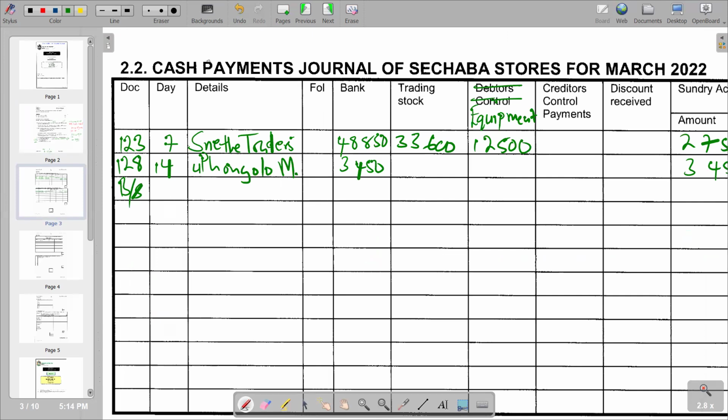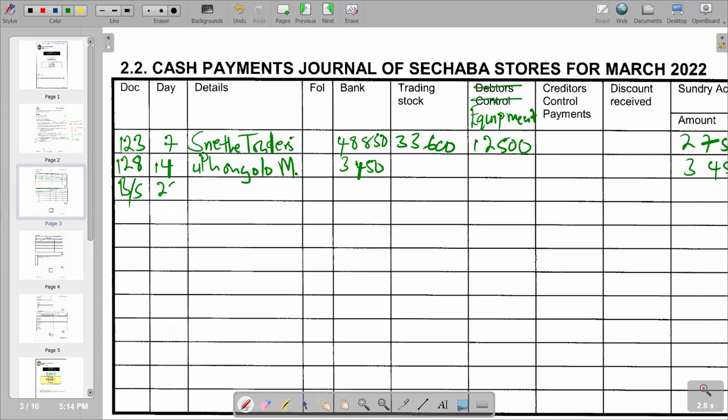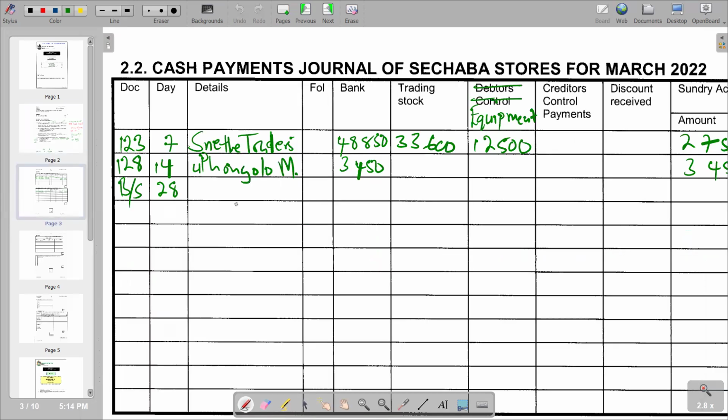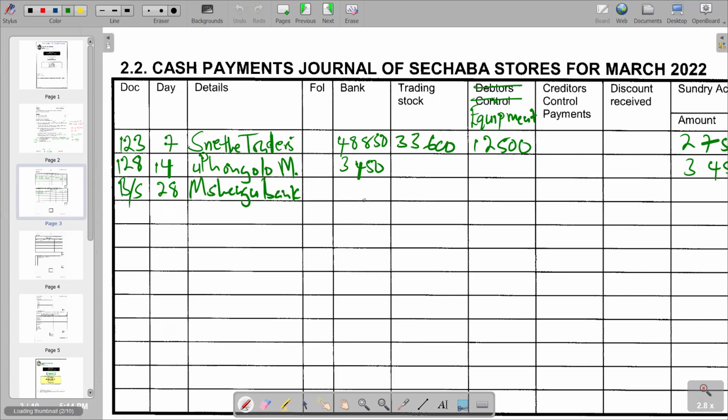And then in terms of our day, which is 28, we are saying 28, and then details, the name of the bank, it's Mshengu Bank. So we'll go there and put the name. And then the total amount that we got is 1,520, so we put 1,520.